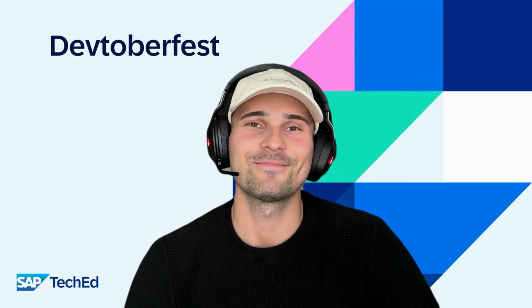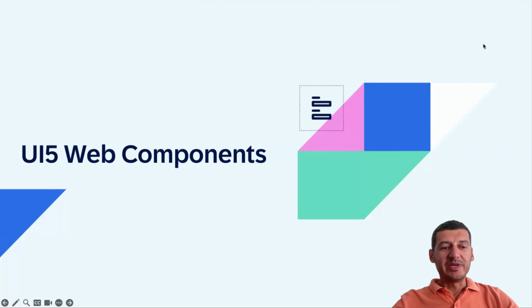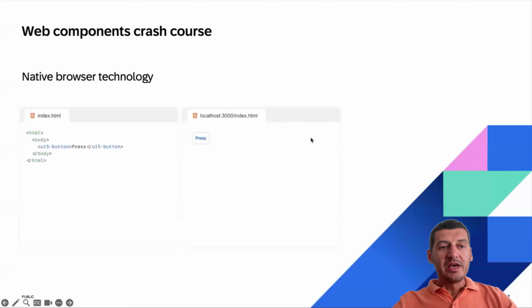Hello everyone. My name is Petar Skelin, and I'll start with a quick crash course on UI5 Web Components in case you haven't heard. Web Components are a native browser technology, so you get to define your own tag, UI5 button in this case, and there's three things that you can put there: the markup, how it looks, the styling to make it appear in a different way, and the interactions.